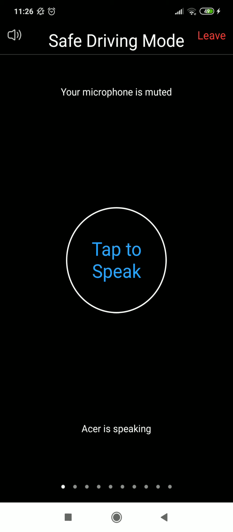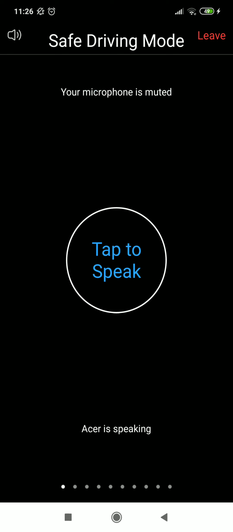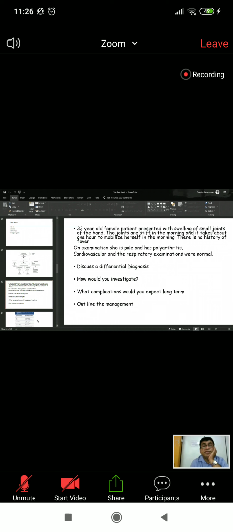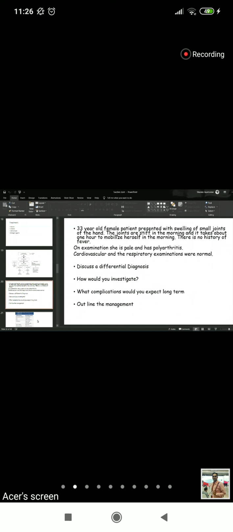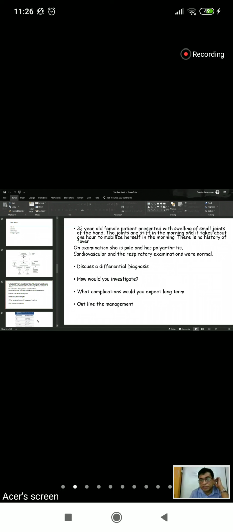Yeah, so that is one of the leading possibilities. Any other? Yes. So gout. Usually gout is monoarticular, but then this has to be a polyarticular tophaceous gout.